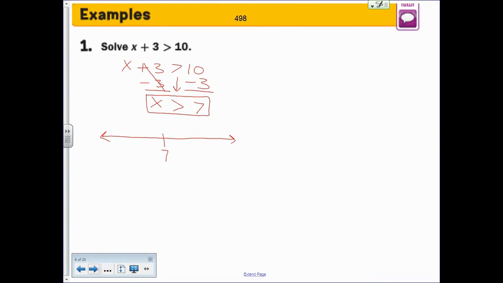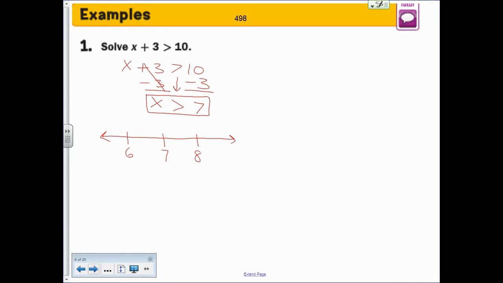Then give me one number bigger to the right and one number smaller to the left. It's like a small snippet of a number line, not the whole big number line. We don't need all those numbers.